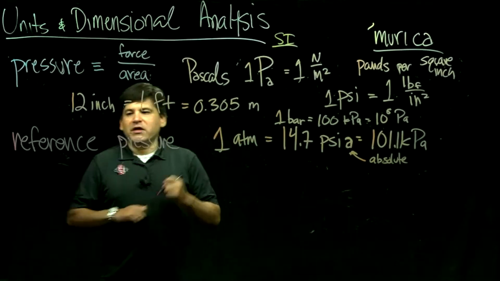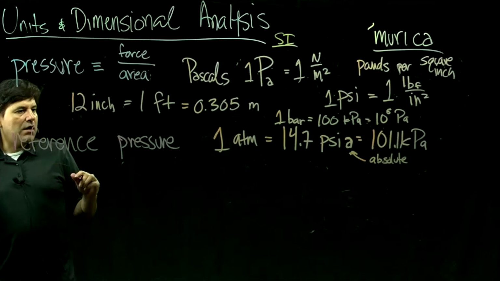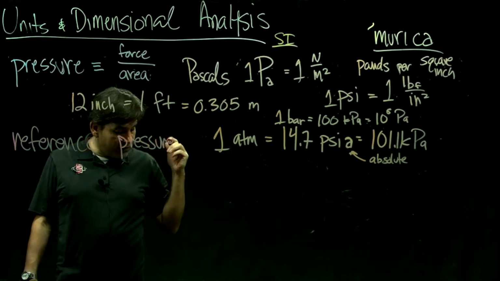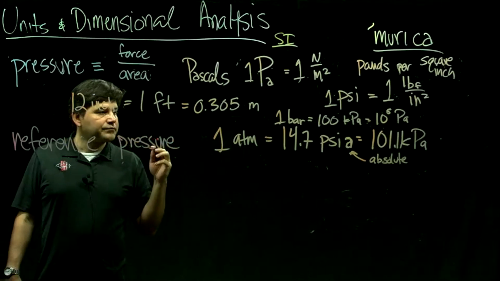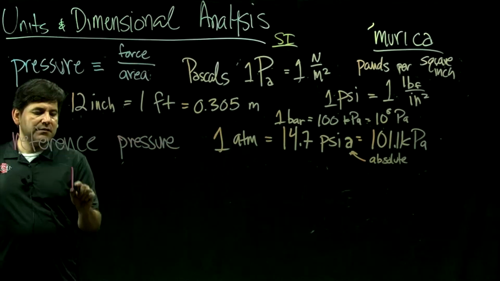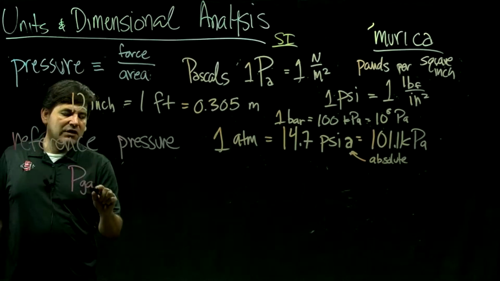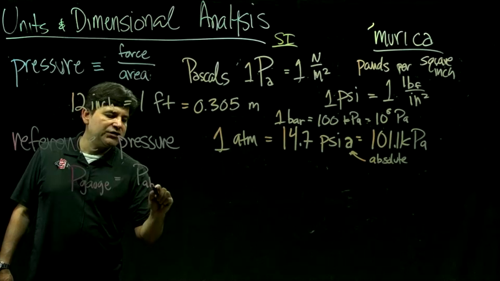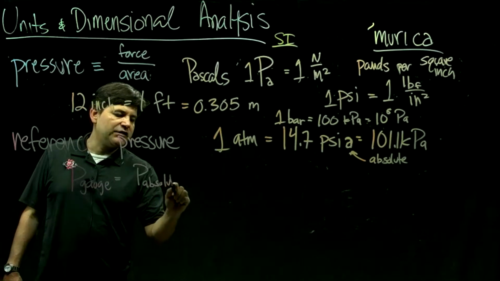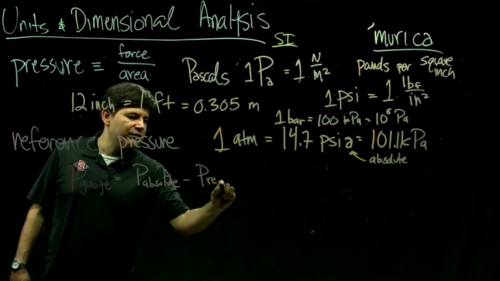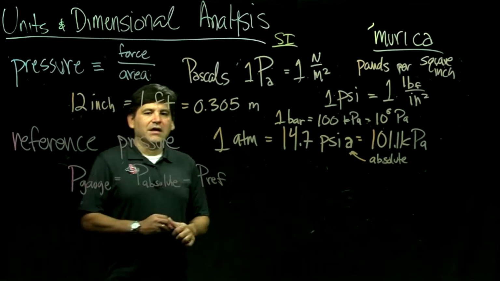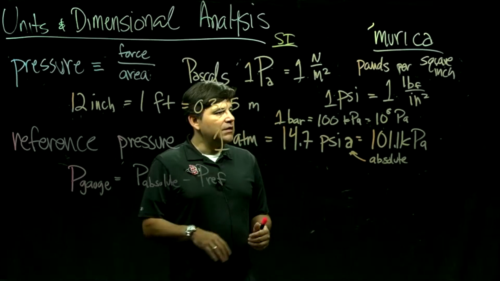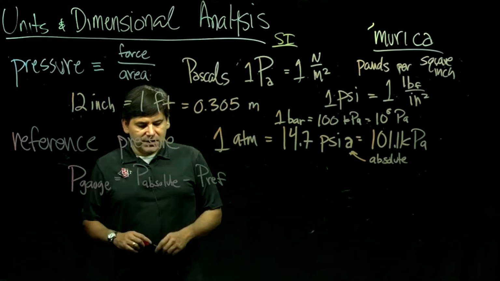So reference pressure, if we were to convert units, so notice P gauge, we're talking about gauge pressure, is the absolute pressure of the system you're trying to measure minus some reference pressure. And oftentimes the best reference pressure is atmospheric pressure, some ambient pressure of the surroundings.